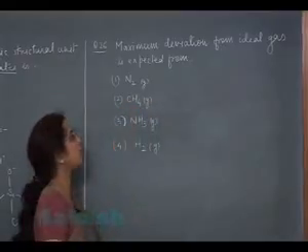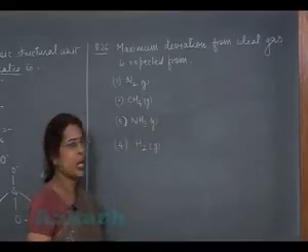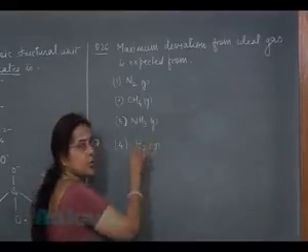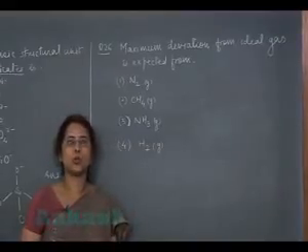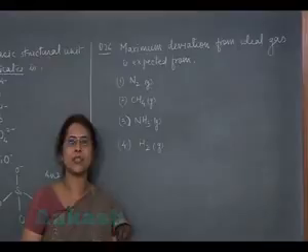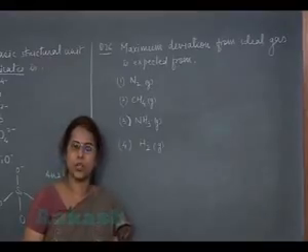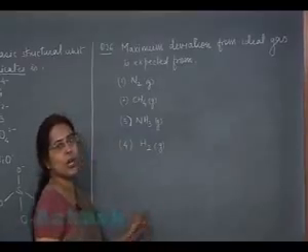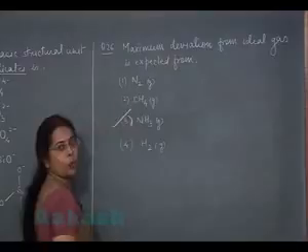That is also a non-polar gas. Third is ammonia. Ammonia is a polar gas. Fourth option is hydrogen. Again a non-polar gas. As we know, in case of polar gases, intermolecular forces of attraction are quite strong. So they will show deviation from ideal behavior. Answer should be option 3.